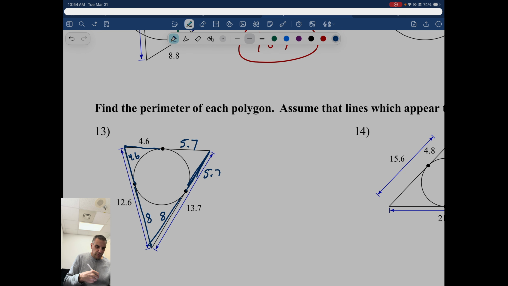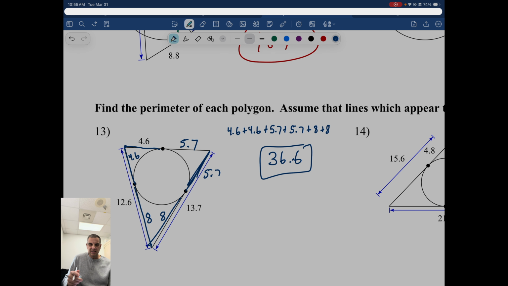Now, when we're talking about perimeter, we're talking about adding them all up. So that's 4.6. There are two of those, so plus 4.6 plus 2 of the 5.7s plus 8 plus 8. Add all of those things together, you get 36.6.